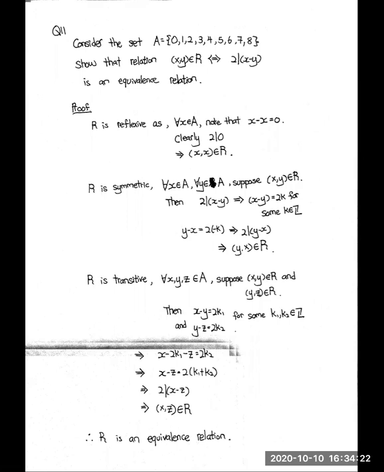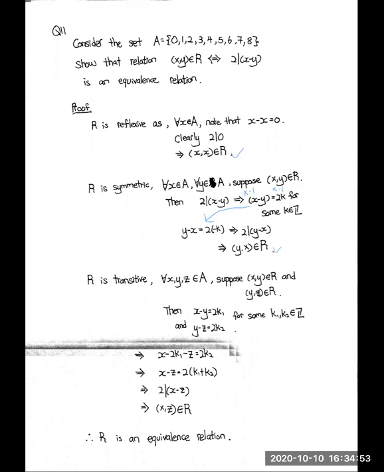Then in this case here, it's the same as saying we just multiply both sides by negative 1 to get the following, right? Then we will have y minus x is equal to 2 times negative k. This implies that 2 divides y minus x, which means that y comma x is an element in R.